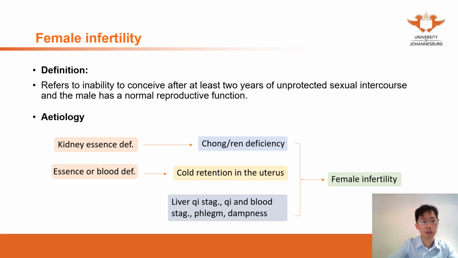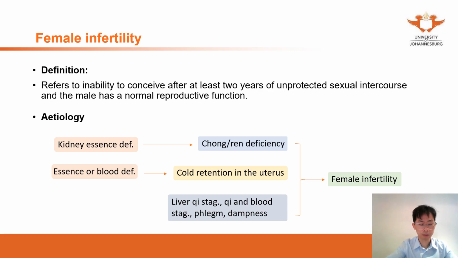But for female, there are hundreds of causes that may result in infertility. That's why sometimes it is difficult to identify the actual cause of female infertility. So as a principle, the first thing you must ensure is that the male is healthy.